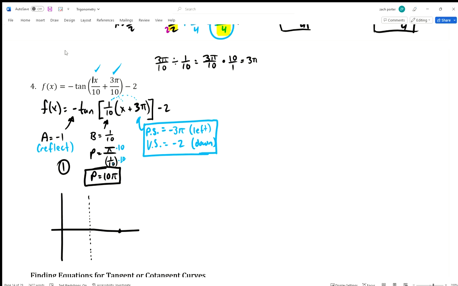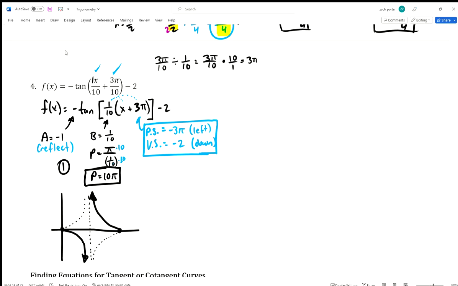And then let's get our dots for the tangent curve. Now it is a negative tangent. Usually tangent goes upward like this in this dotted line, and then from the bottom, still going upward. But ours is reflected, so reflect it to mirror it downward. And then after the asymptote, from above going downward.